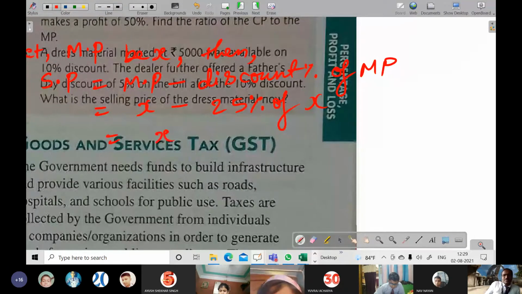So it will become X minus 25X by 100. So it will become 75X by 100. This is SP.